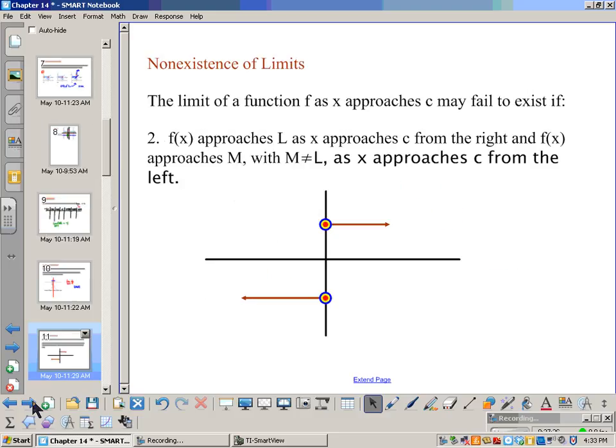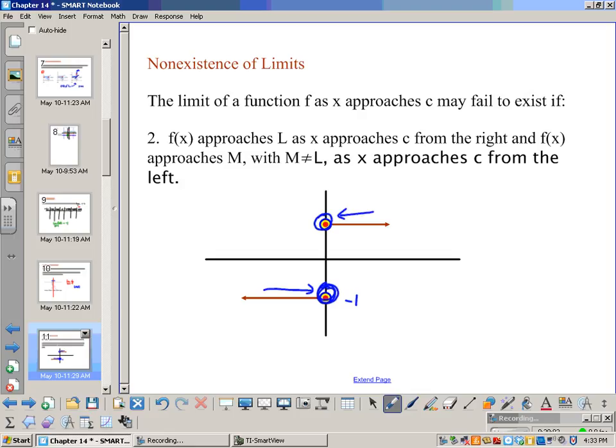All right. So the next example is when f of x approaches L as x approaches c from the right, and f of x approaches M from the left, with M not equal to L. It's easier to look at a visual of this rather than what I've just read to you. If you think of these little bullseye marks here being holes in the graph, as we're approaching from one side, we're approaching a y value of -1, let's say.